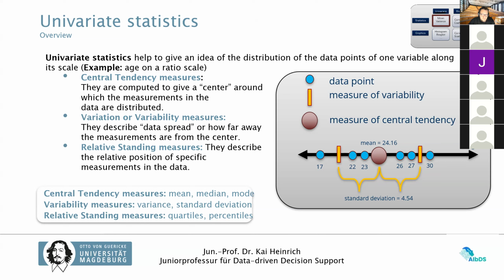The important thing is that there are two kinds of measures. There are the measures of central tendency. We want to know where on the scale it lies. So in terms of age, we're interested: do I have more older people or younger people? And I want to know it at one glance.